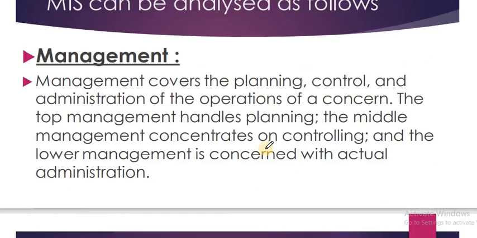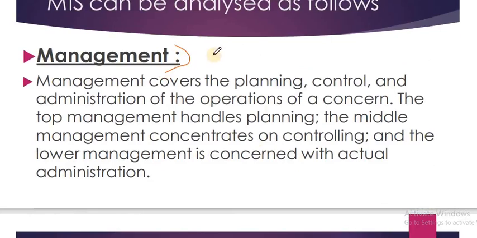So let's take those words one after the other. Let's start with the word M, which is the management. Management covers the planning, control, and the administration of the operation of a concern. The top management handles planning, the middle management concentrates on controlling, and the lower management is concerned with the actual administration.